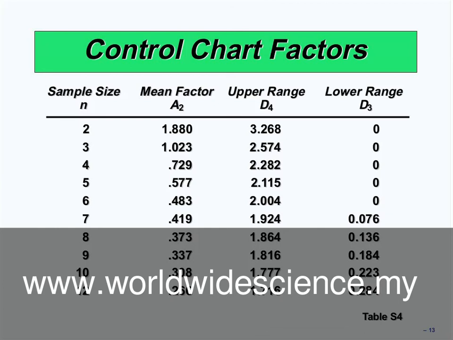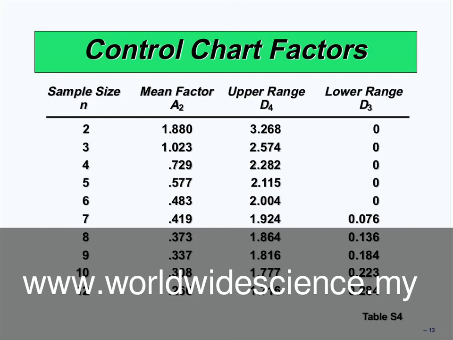I just give you this number to use in the formula. Average range I have calculated for you: R bar is 0.25 and sample size is 5 here. This is a separate example.